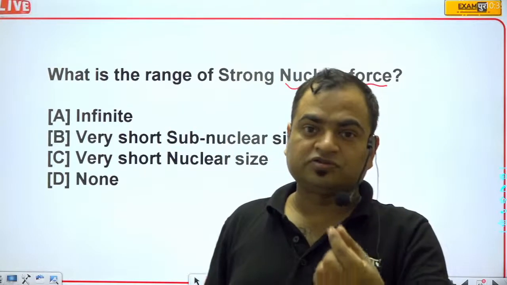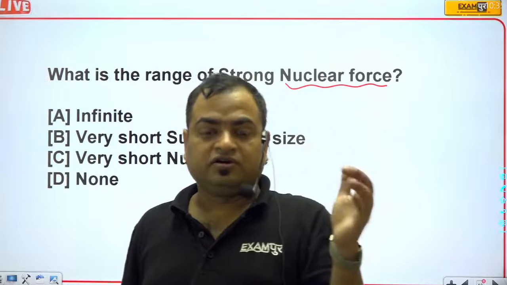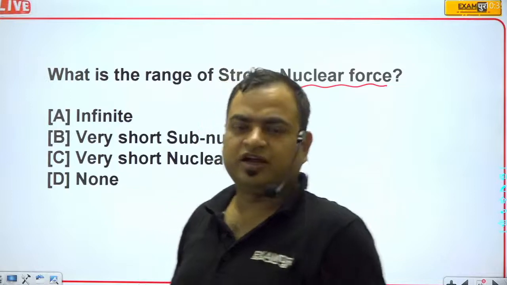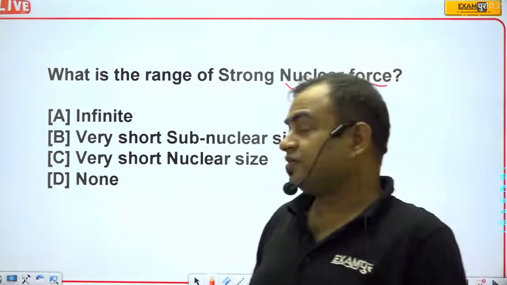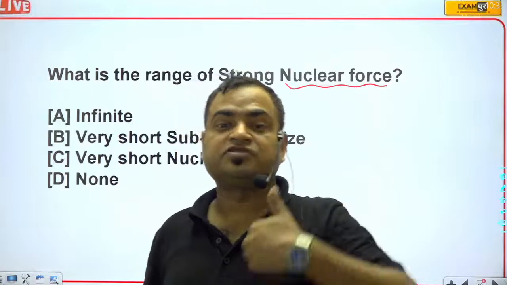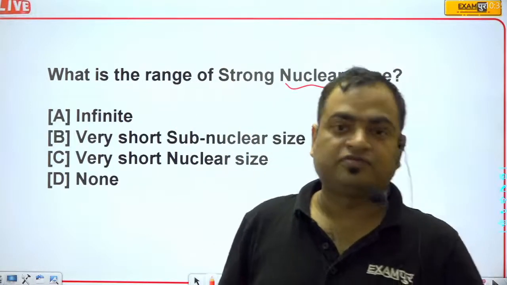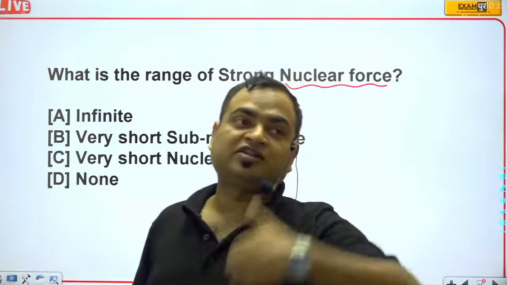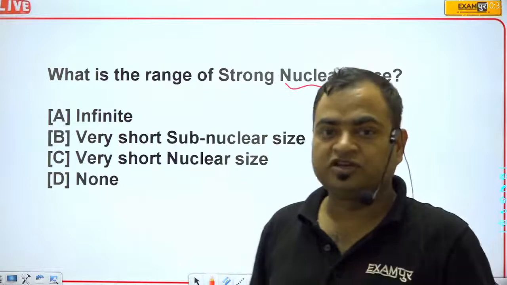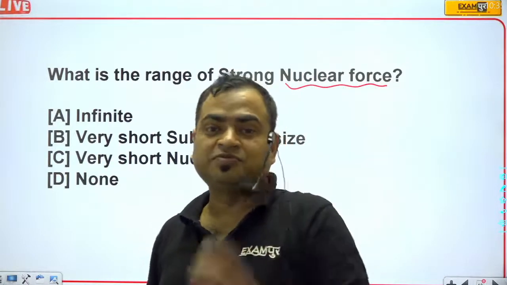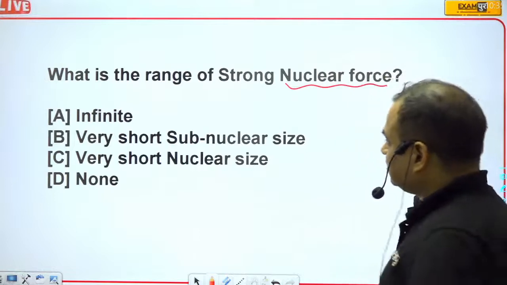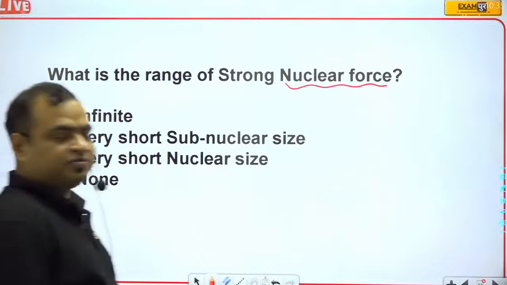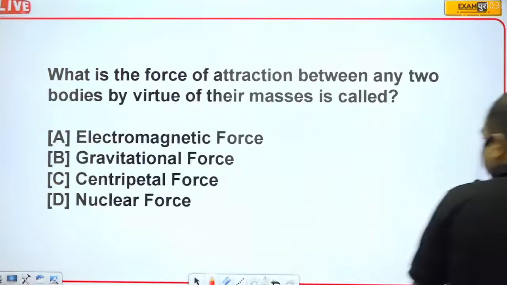Nuclear force works only for very small distances, at the nuclear size level. But the range of gravitational force is very high. Between the earth and the sun, the gravitational force exists, but nuclear force cannot exist, because of the very short nuclear size. So the C part will be the correct answer.